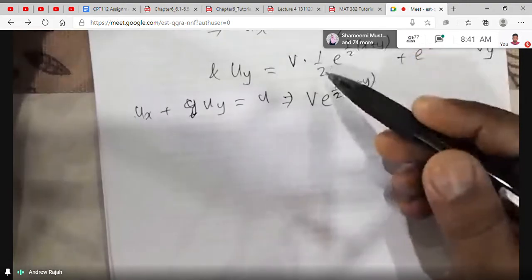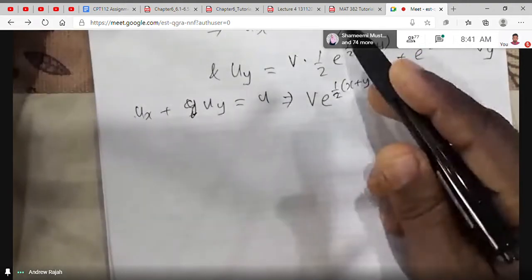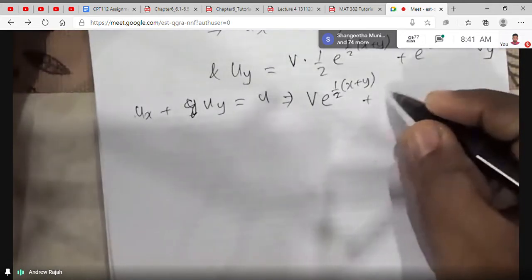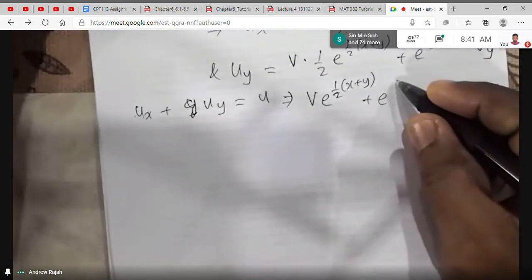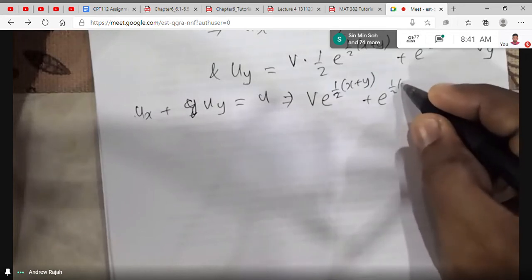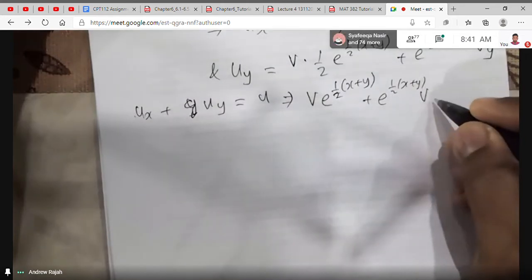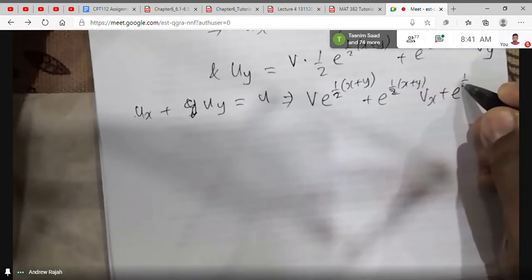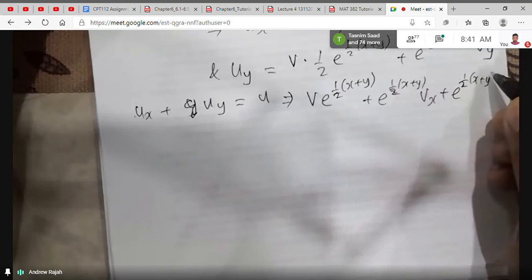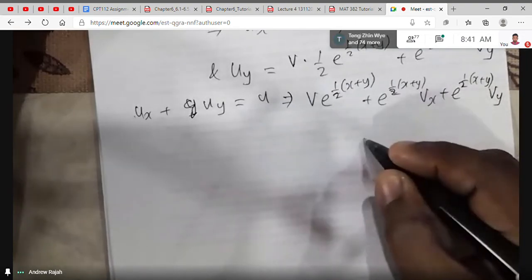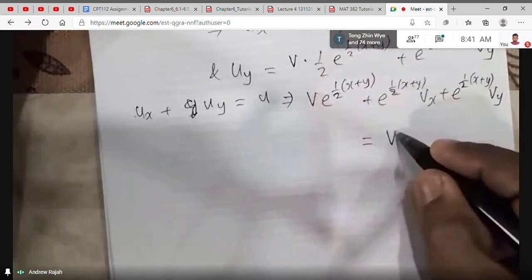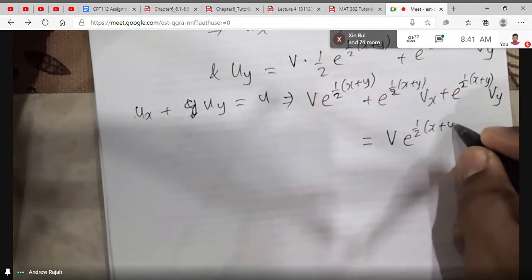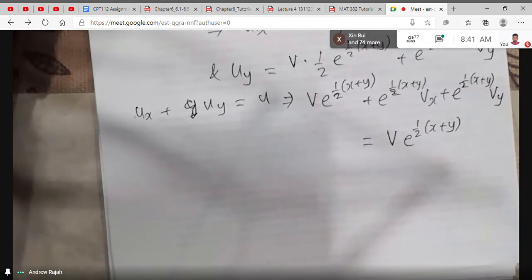Okay, this plus this is one, half one, and then this one is plus e to the power of half x plus y vx plus e to the power of half x plus y vy equals to u v e to the power of half x plus y.